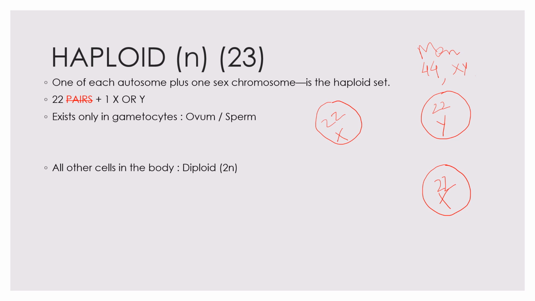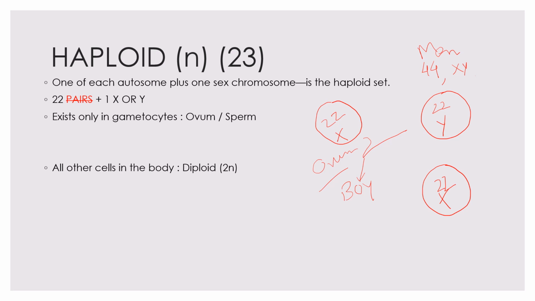Okay, so when a Y-bearing gamete fuses with a 22X ovum, then the zygote will develop into a male baby, a boy.